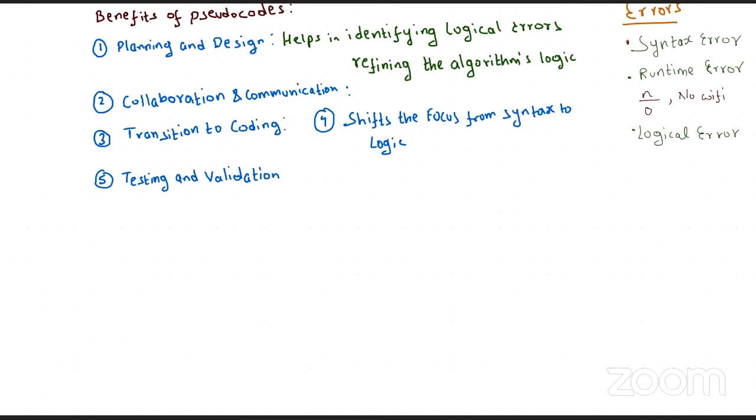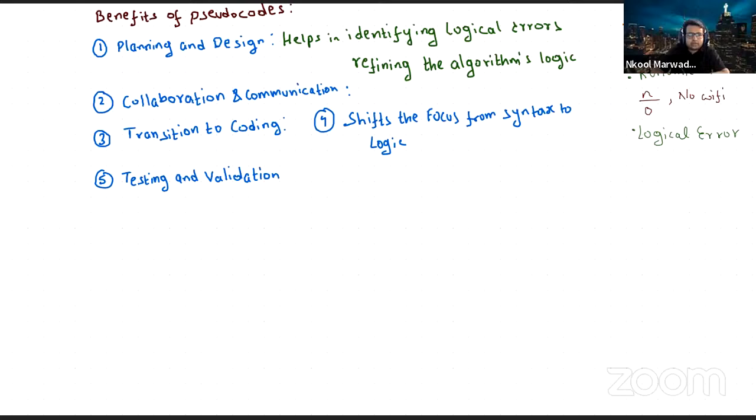Okay, so let us now do some practice. So now we are trying to write an algorithm to find the minimum of three numbers.